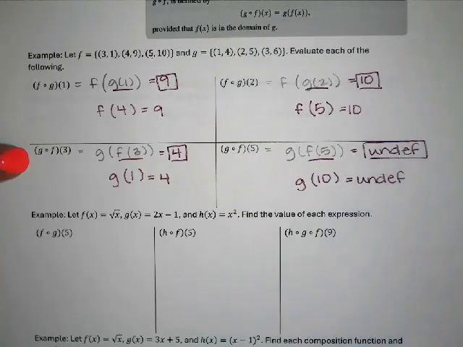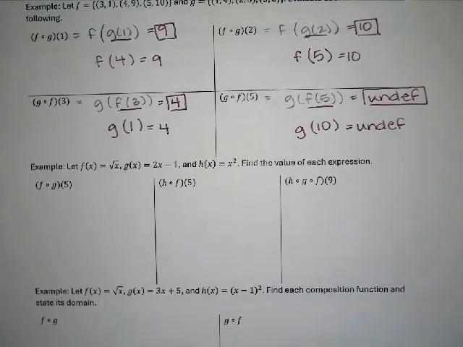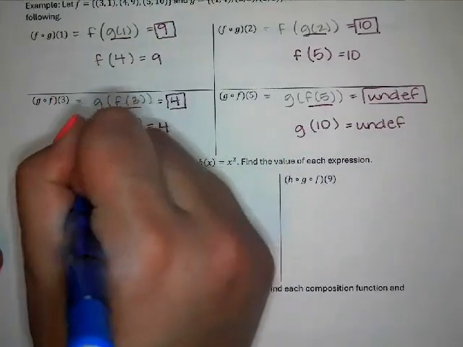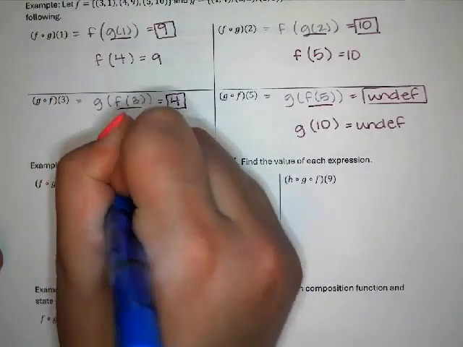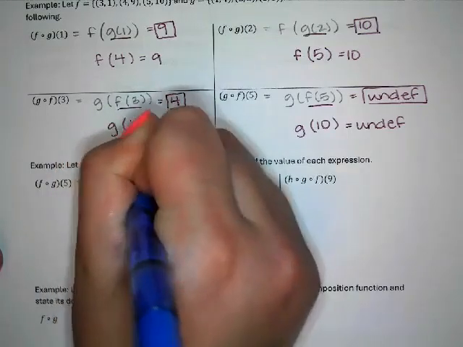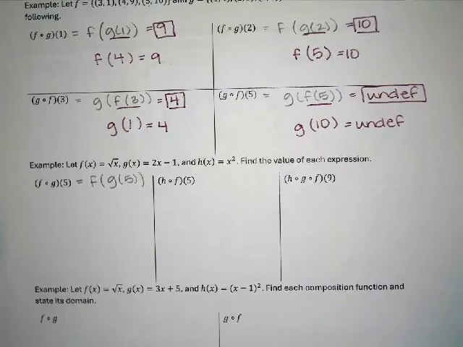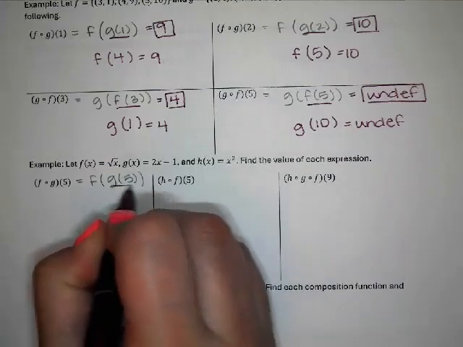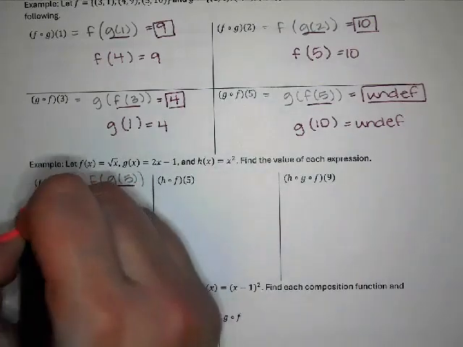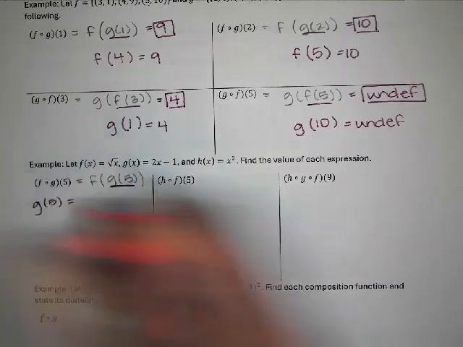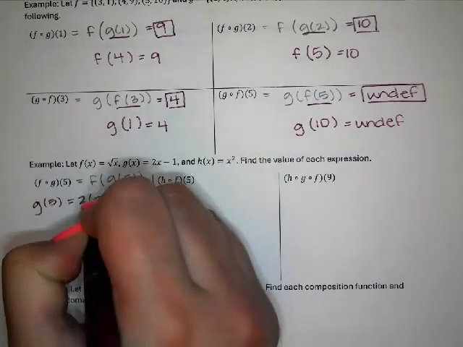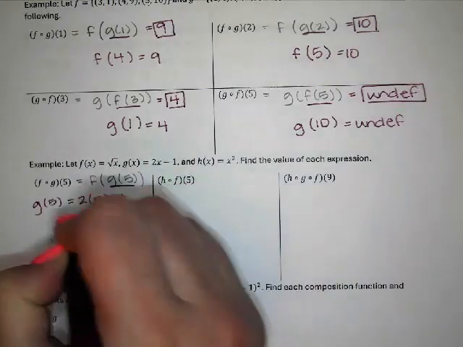Okay, so now we're going to do the same thing, but we actually have equations to plug numbers into. So this notation means f of g of 5. We're going to start with that inside function, g of 5. So g of 5 is 2 times 5 minus 1, which is 10 minus 1, so that's 9.